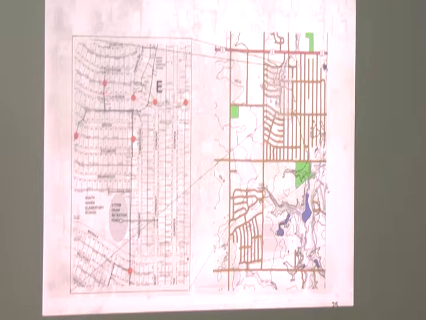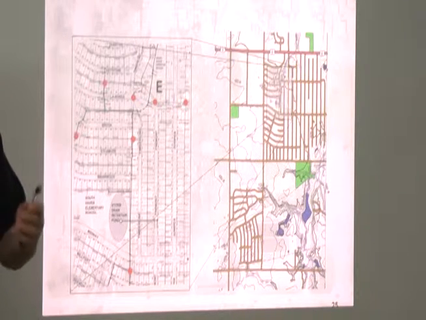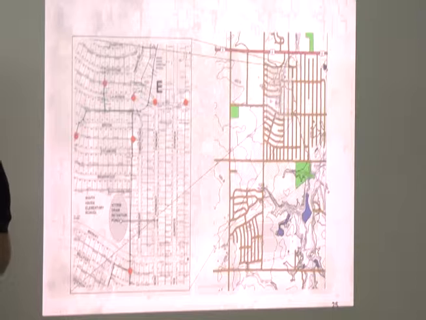And we clustered the meters in relatively confined areas, such that if we found areas that didn't respond to wet weather, we quickly moved those meters out of that area.